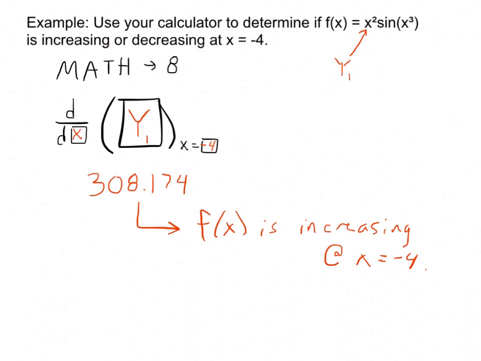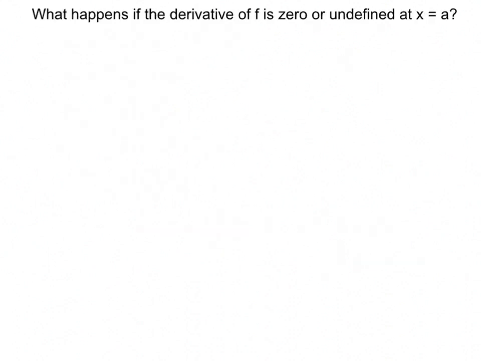Okay. I've got one more segment here to look at in our lesson. And that last segment is, so what happens if our derivative is 0 or undefined? What happens if when I plug in that value, it's not positive and it's not negative?